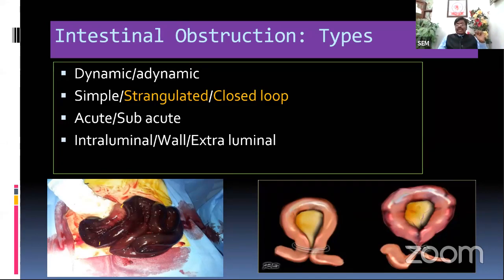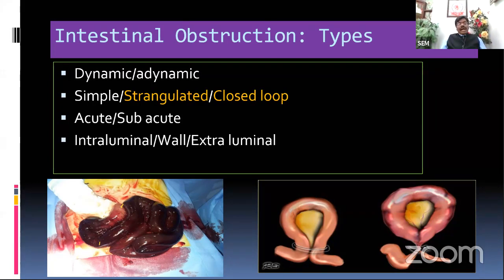And fourth, rarely, you can have a condition called pseudo obstruction, another P, that is called Ogilvie syndrome. So pseudo obstruction, paraplegic patient, post-operative patients, or a patient with potassium lack, that is hypokalemia, are a few of the causes for adynamic obstruction. They are rare. What is more common is dynamic.